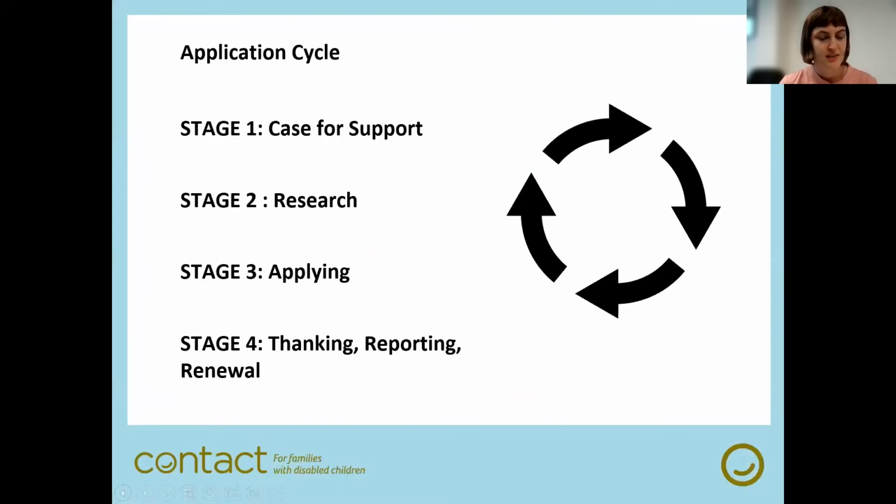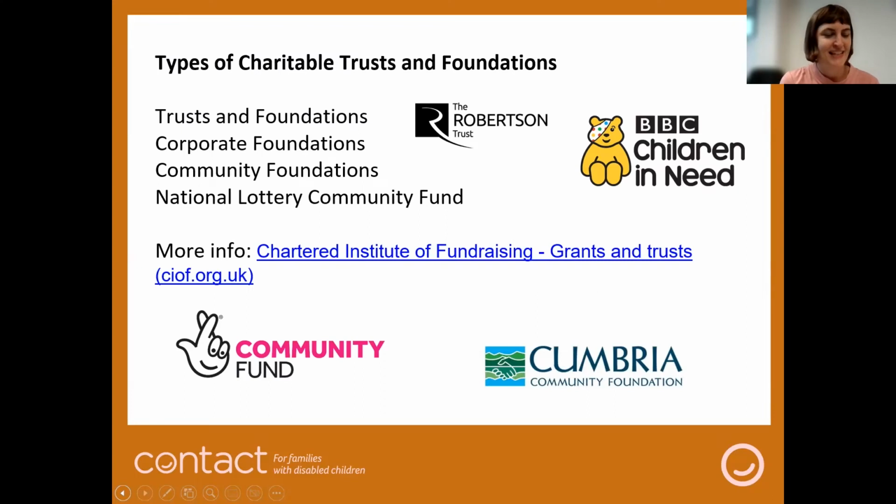Essentially a trust is a legal entity empowered to make grants for charitable purposes. Trustees are responsible for managing the property for the benefit of beneficiaries, and charities and other organisations can apply to them to get grants for their work.